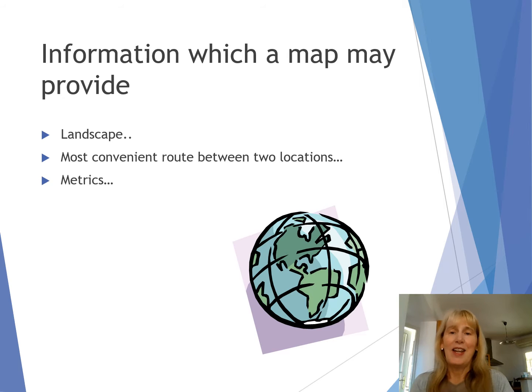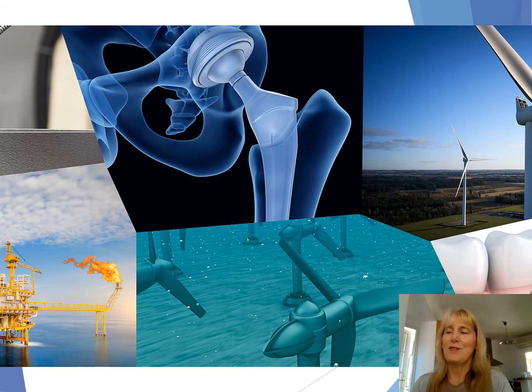The analogy is, landscape would be surface morphology, the most convenient route between two locations, that's the optimized parameters, identifying safe regimes, and metrics. The kilometers for a map that we normally use, as opposed to the wastage rates for the materials map, degradation rates.